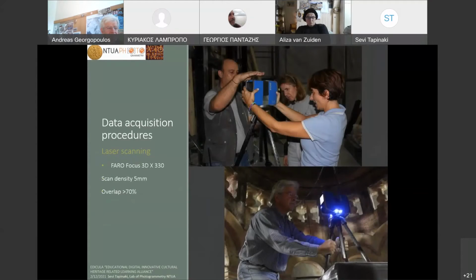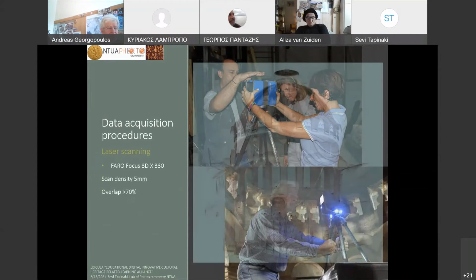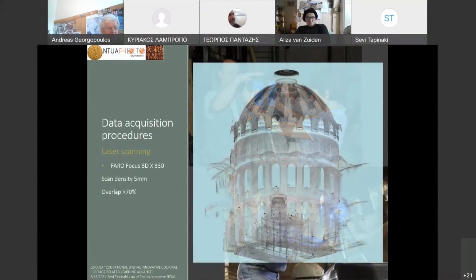Finally, laser scanning took place with 5mm scan density and more than 70% overlap between two scans.